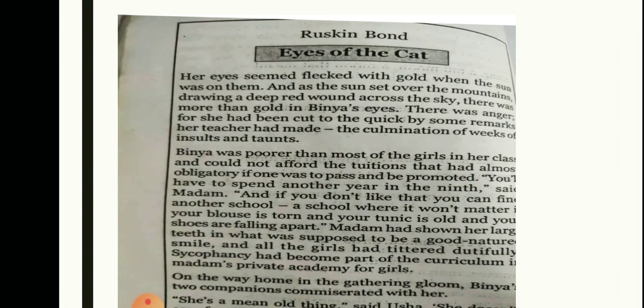There was anger, for she had been cut to the quick by some remarks her teacher had made, the culmination of weeks of insults and taunts. You just go and find out the verb phrases in the sentences which are used by Ruskin Bond to make the meaning more beautiful.